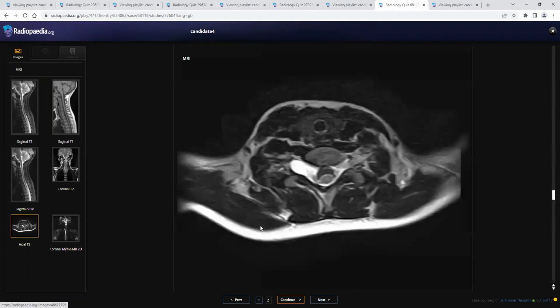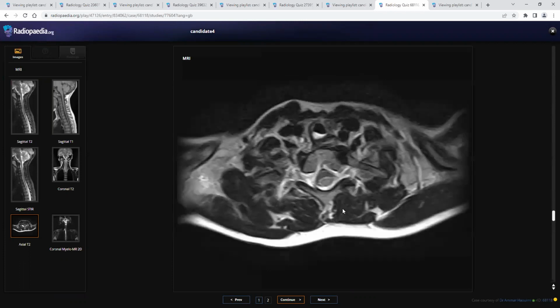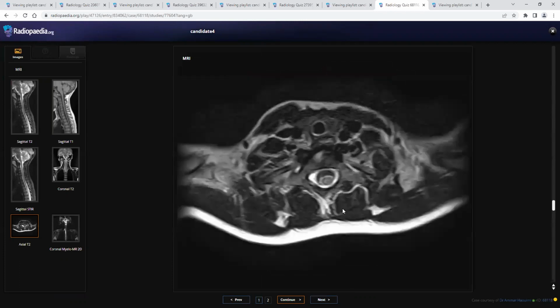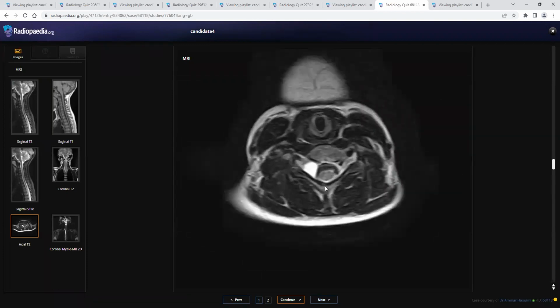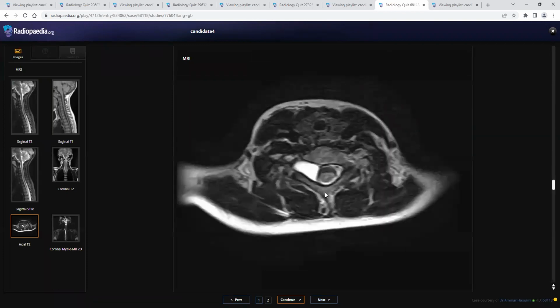Yeah, there are axials. Okay, as I can see, there is widening of neural foramina with T2 hyperintense signals coming through it on the right side in the lower cervical region.